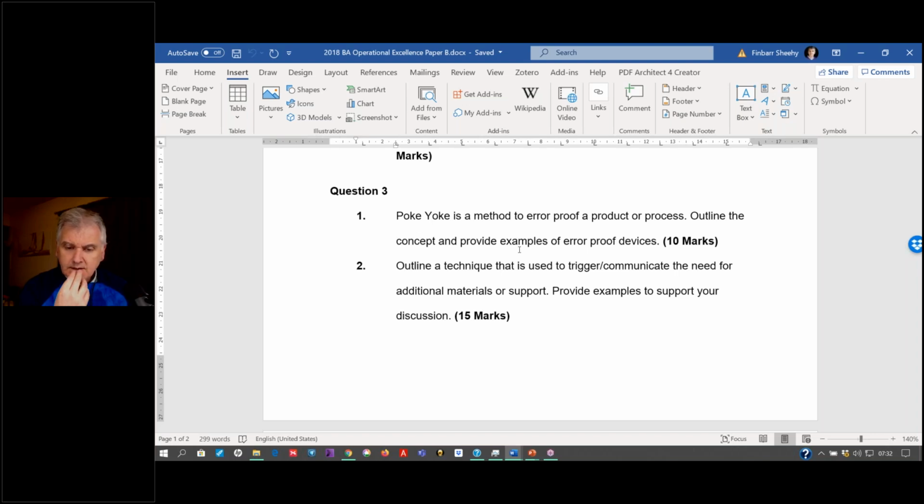So Elaine is saying there, say a die for setting up a machine. So you might draw a diagram of something that shows an example of an error-proofing device, something that won't allow you to do something, anything like that. For me, diagrams add an awful lot of value in terms of explaining something here.